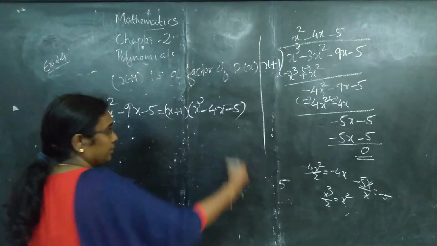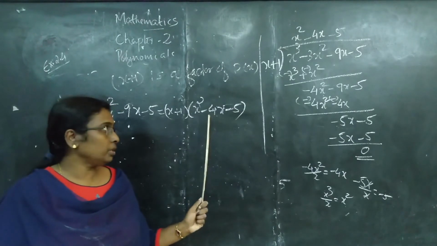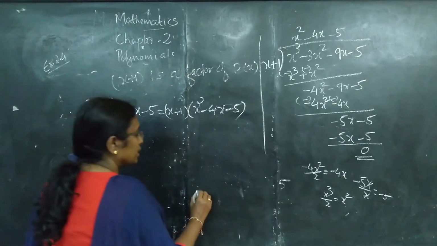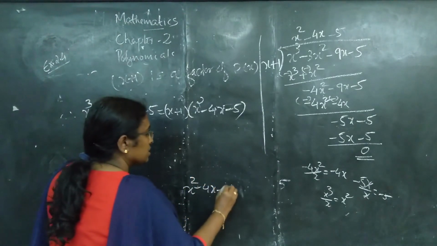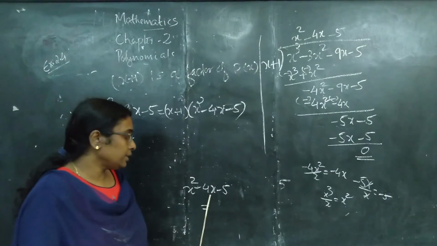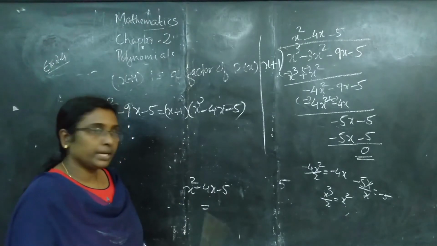Since it is a quadratic polynomial, we have to factorize this polynomial again. That is x square minus 4x minus 5 equal to, how we can factorize? We have to find two numbers whose sum is minus 4 and product is 1 into minus 5, minus 5.